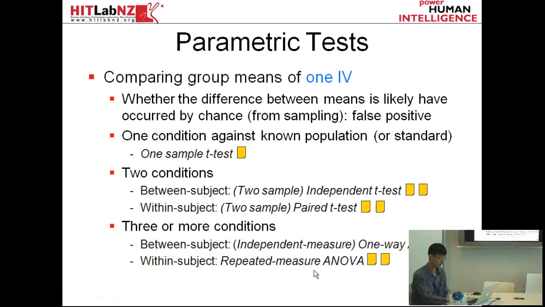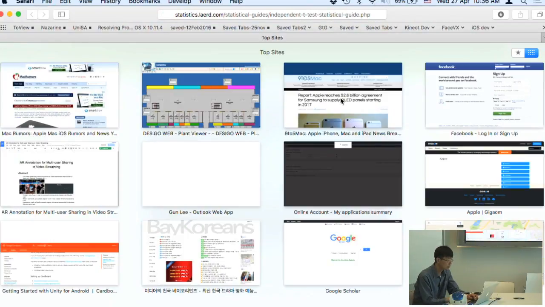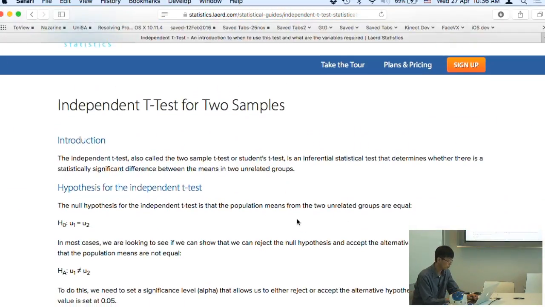And the guides that you'll see, let me actually show you one of the guides. If you have an internet connection and you click it, it should open up in a web browser. But for now, let me just open it up manually. So this is one of the links that talks about the independent t-test.